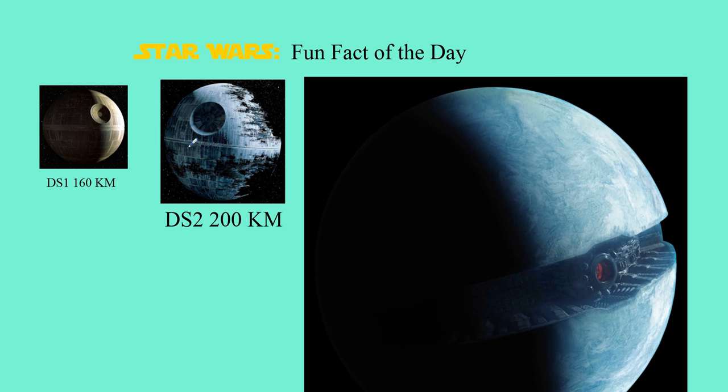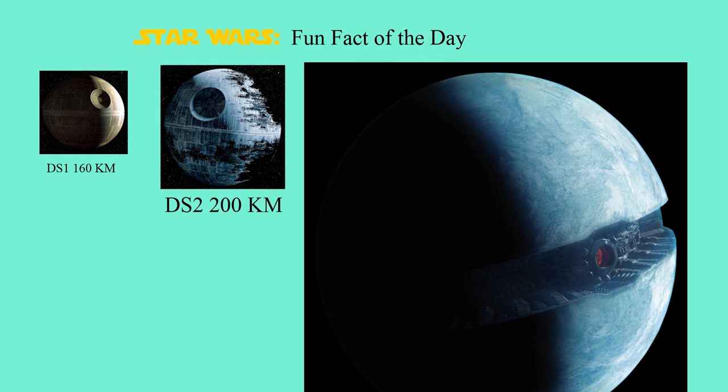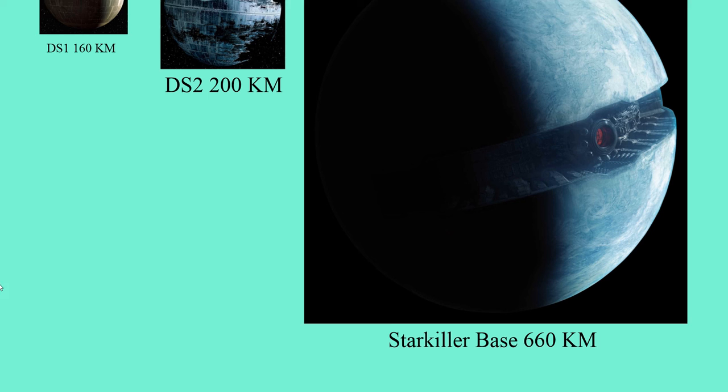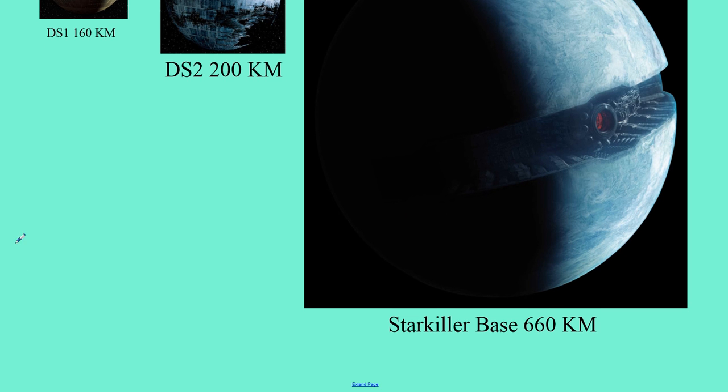And then the second Death Star that they never actually finished was supposed to be 30% bigger, so approximately 200 kilometers across. And then finally for The Force Awakens, they built another Death Star-ish super weapon into the side of a planet, and that particular one was even bigger at a whopping 660 kilometers.